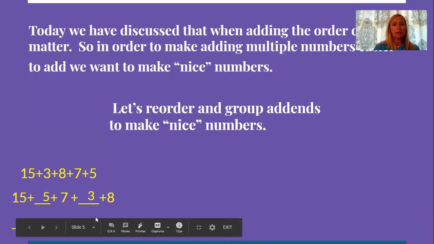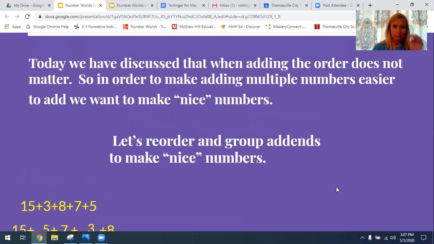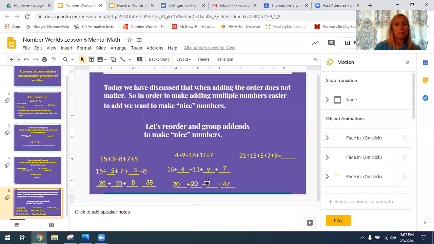Sorry, my thing here is in the way. Sorry about that. So as you can see, we have 15 plus 5 is 20, and then 7 plus 3 is 10, and then we can add our 8.